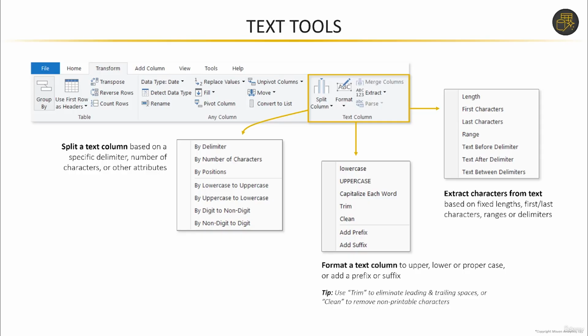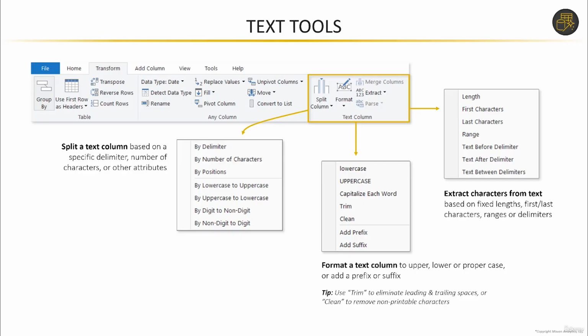So what we can do here is tell Power BI that we want to return all of the characters before a specific delimiter or symbol or character, or after it, or between two distinct delimiters. And there are also some advanced options that allow you to specify whether you search from the left side of the string or the right, and if you want to skip a certain number of instances of each delimiter before returning the text. So just some really great flexibility there with those extract tools.